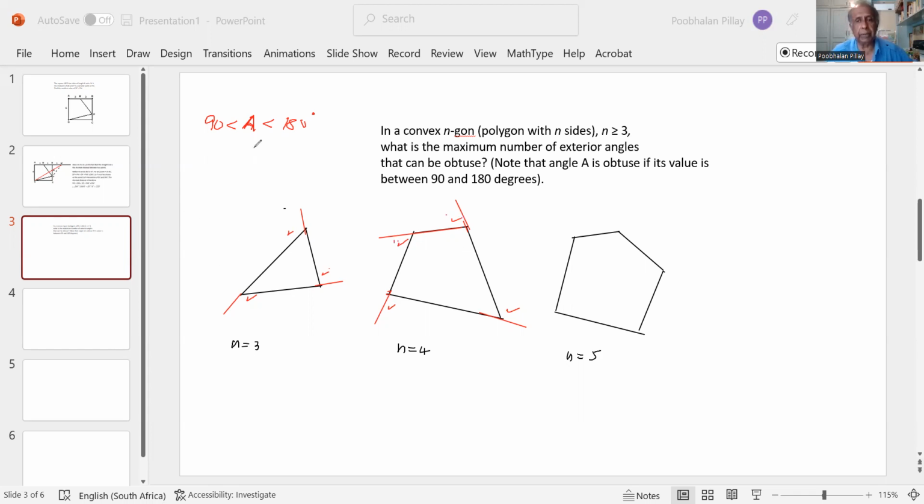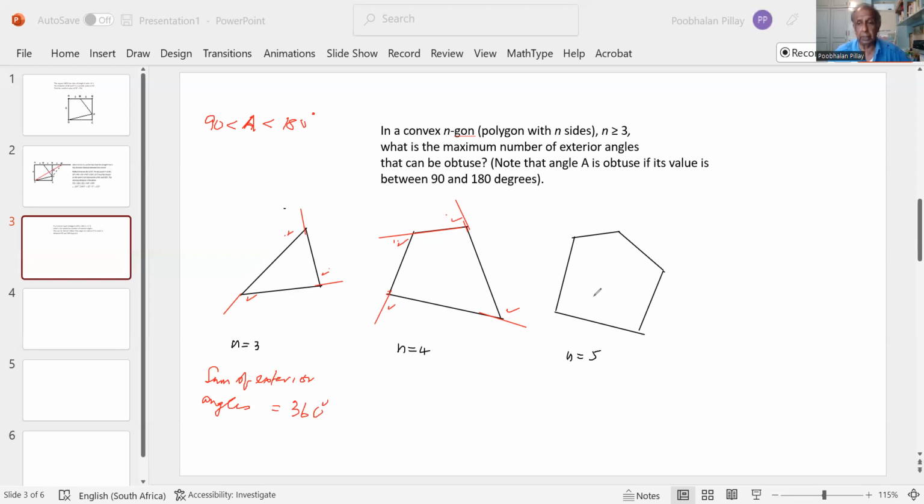One very important fact is that the sum of the exterior angles, very important fact, for any polygon, is always the same number. It's always 360 degrees. So when you add these 3 angles, you're going to get 360.